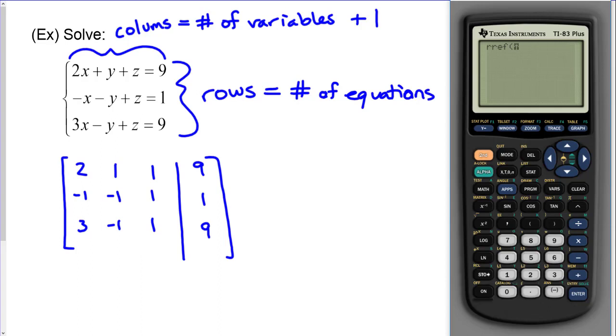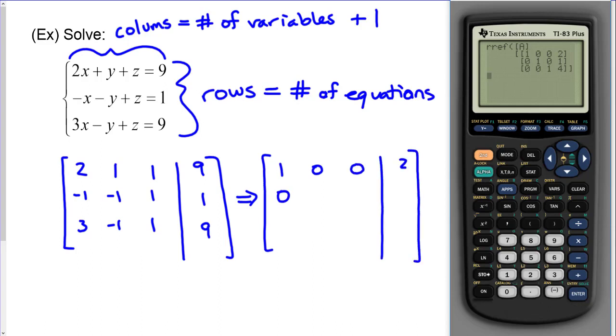So if I hit second in matrix, then I want matrix A. So I'll highlight 1 for matrix A, press enter, and enter one more time, and it will run the function row reduced echelon form, which gives me a new matrix which looks like 1, 0, 0, 2, 0, 1, 0, 1, and 0, 0, 1, 4.